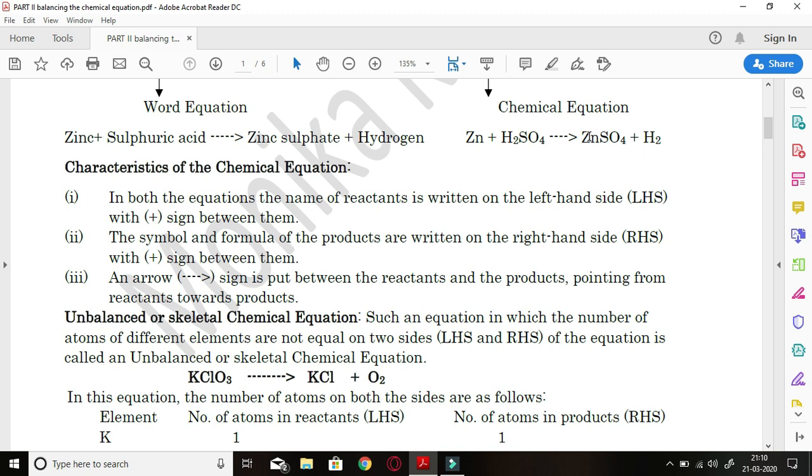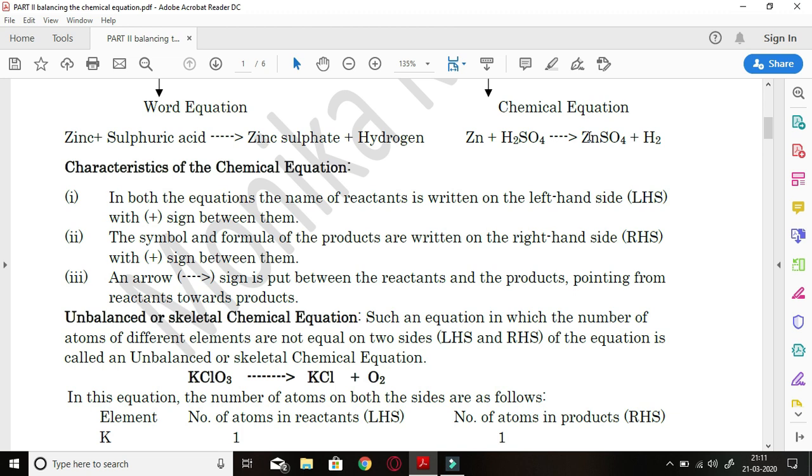Number 2, the symbols and formulae of the products are written on the right hand side, RHS, with a plus sign between them, that is zinc sulfate plus hydrogen. Third, an arrow sign is put between the reactants and the products, pointing from the reactants toward the products.